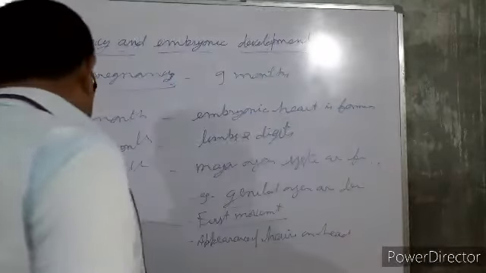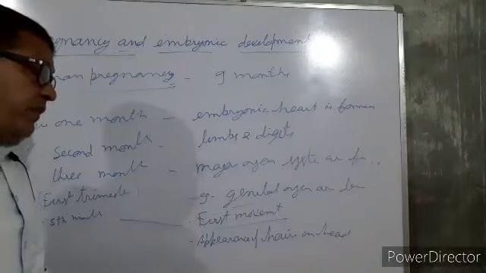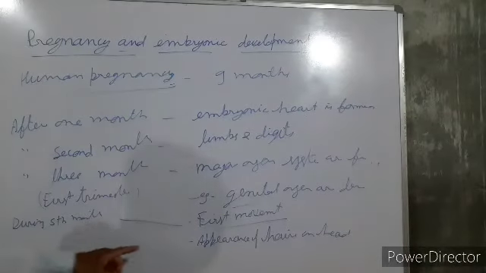So two features are there during the fifth month. First movement of the fetus takes place, and the other is the appearance of hairs on the head.